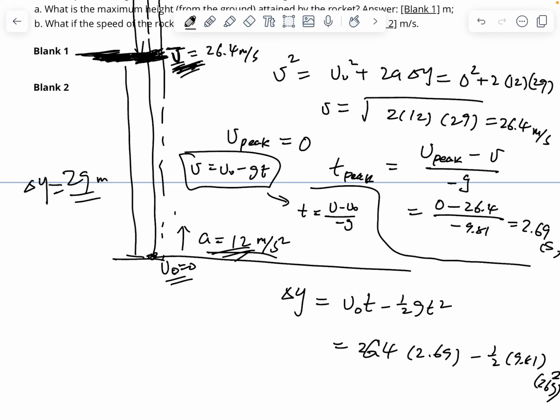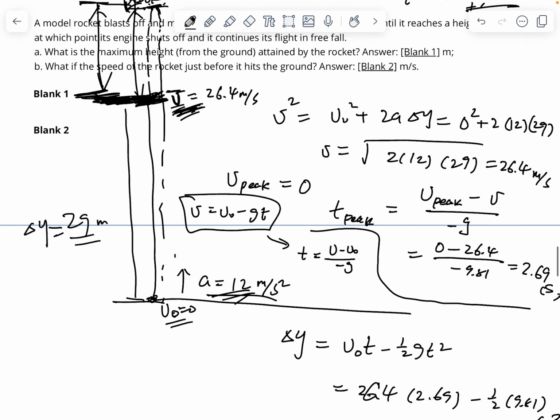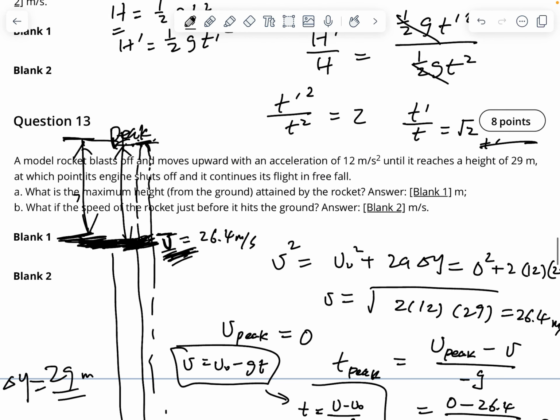Let's calculate what it is. So this equals 35.5 meters. This delta y is from this point, so here it is 35.5.